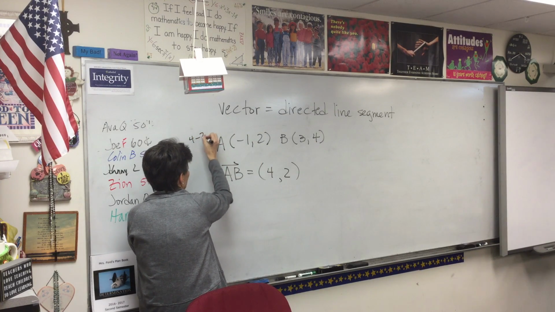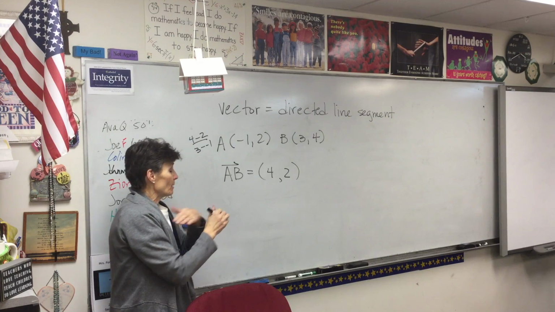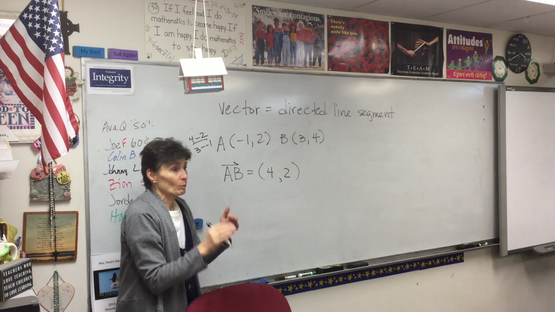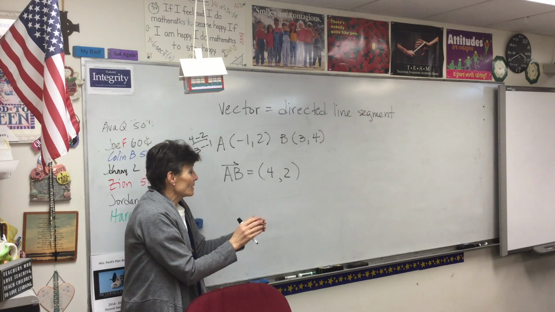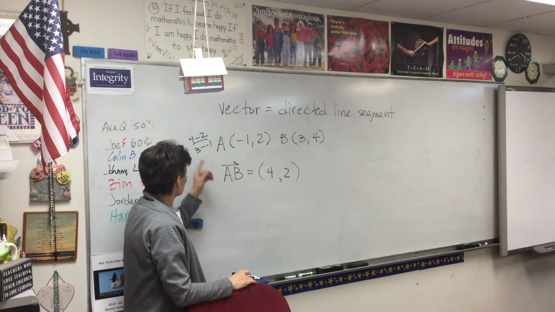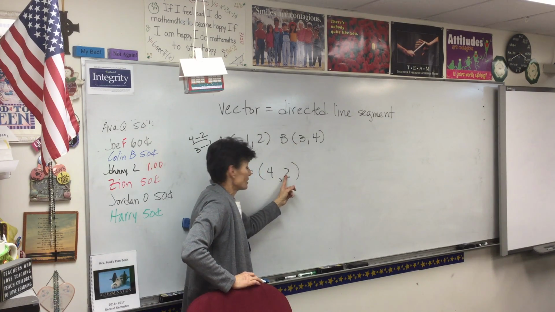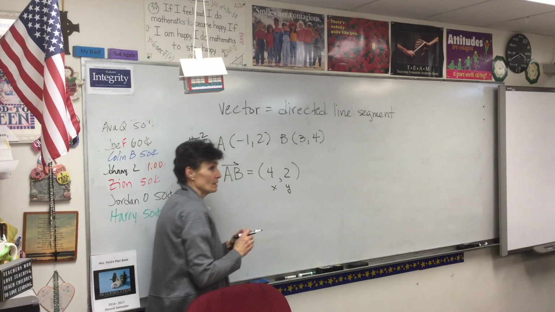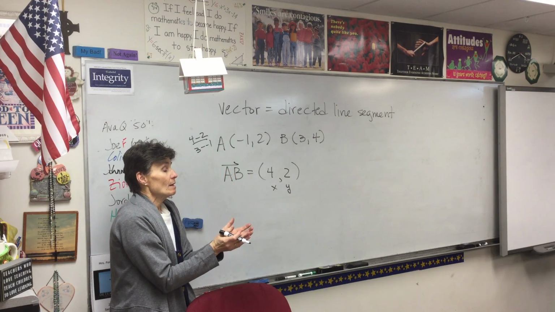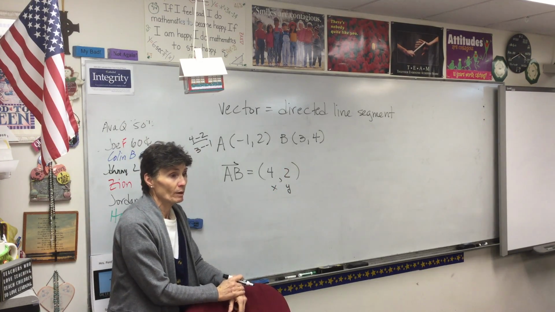You would say 4 minus 2 over 3 minus -1, right? Well, we're not talking about the slope, but we're talking about the same idea. What's the movement? The run is 4, and the rise is 2. And we always write it as x, y. So it looks like a point, but it's really describing how we get from point A to point B.